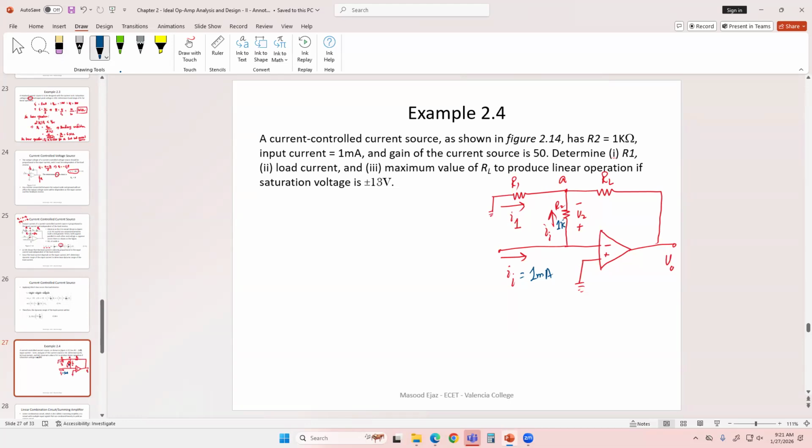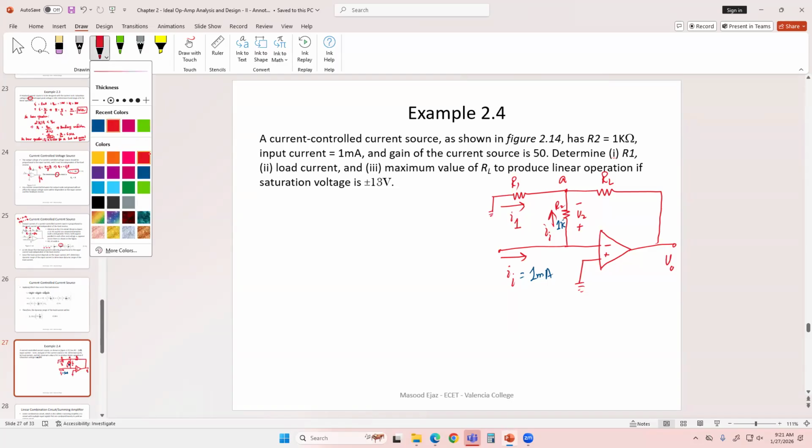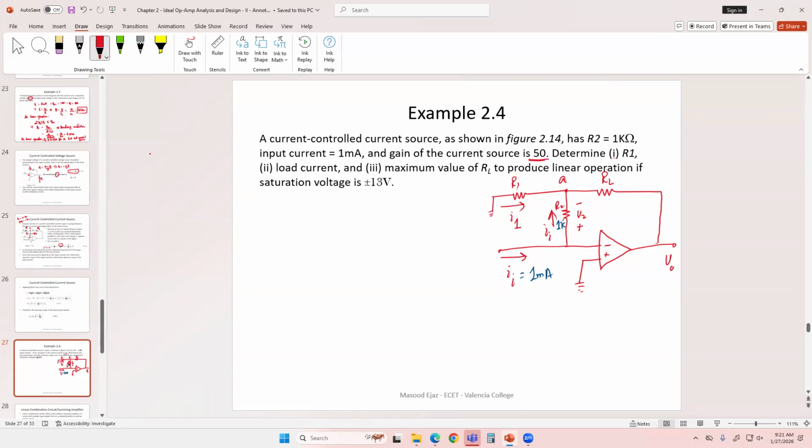We don't know the value of R1. We can find the value of R1 since beta is given to us. This is the value of beta that is given to us, the current gain.